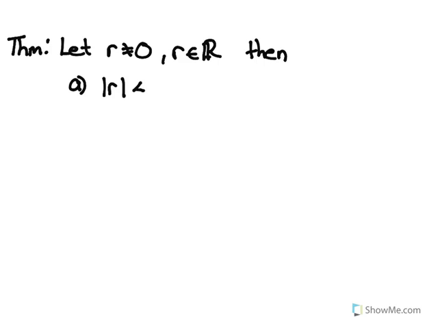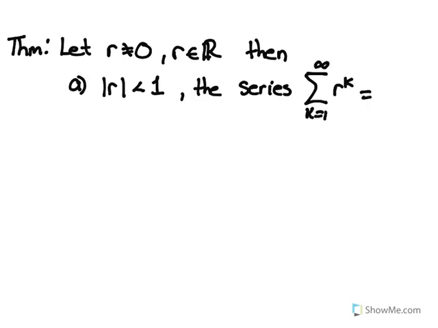So if the absolute value of r is less than 1, the geometric series, sum of r to the k, converges, and it converges to 1 over 1 minus r. However, if the absolute value of r is greater than or equal to 1, then the series diverges.